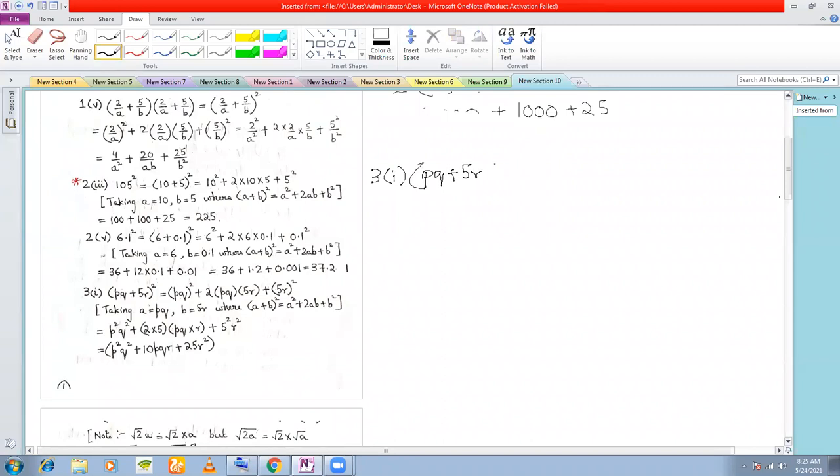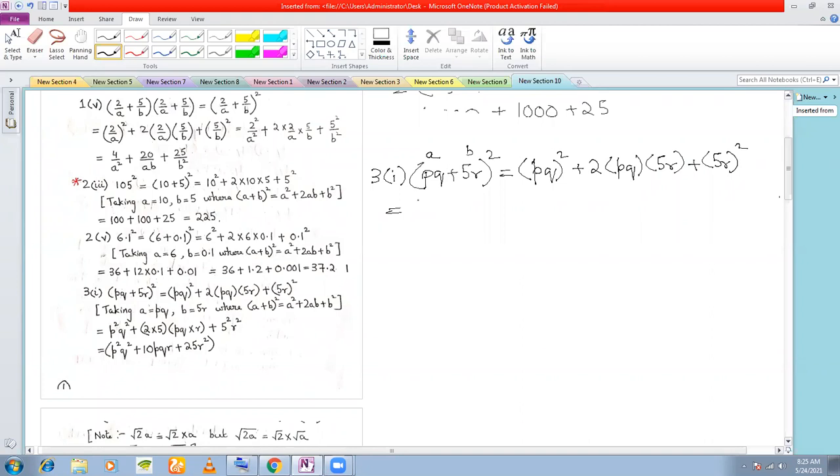You have to find out the expansion of this. Again, we'll use a plus b whole square. A here is PQ and B here is 5R. So which is A square plus twice A B, B here is 5R, plus B square.